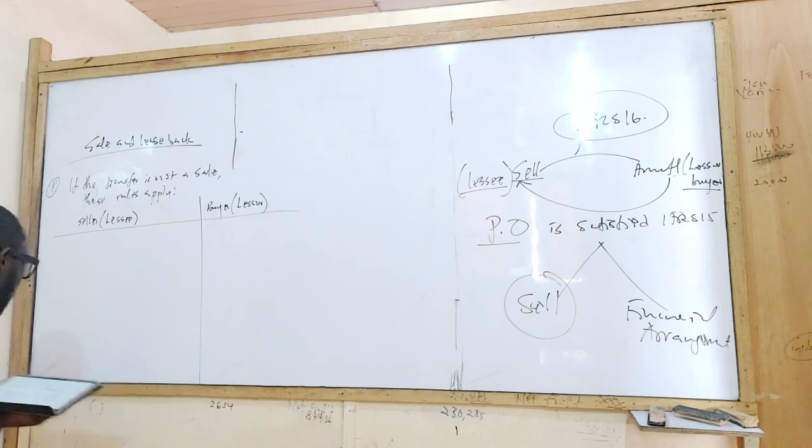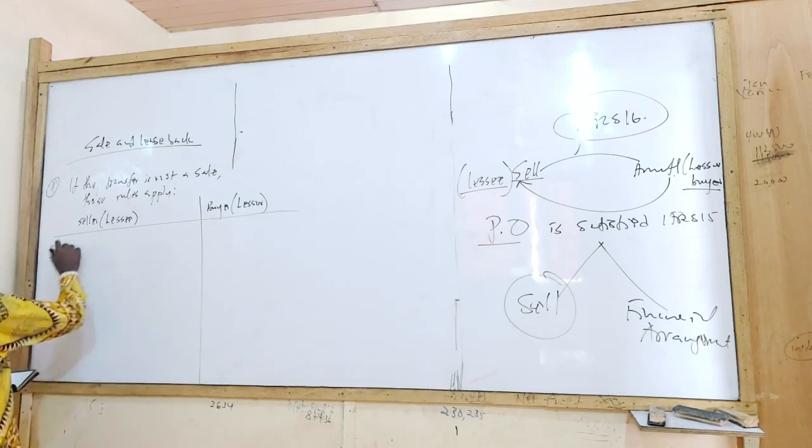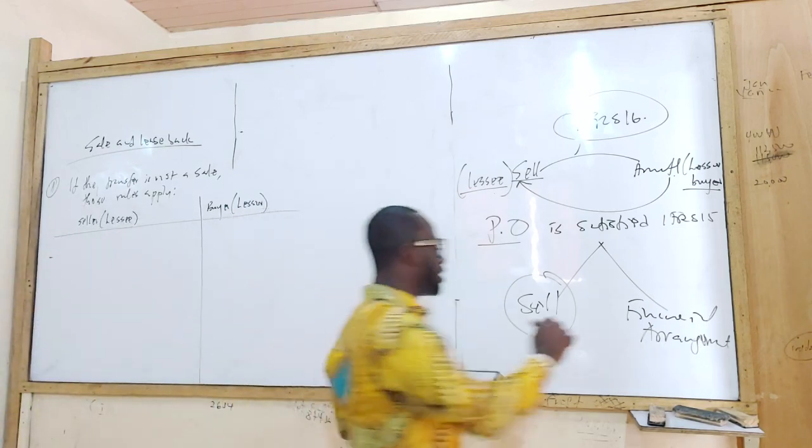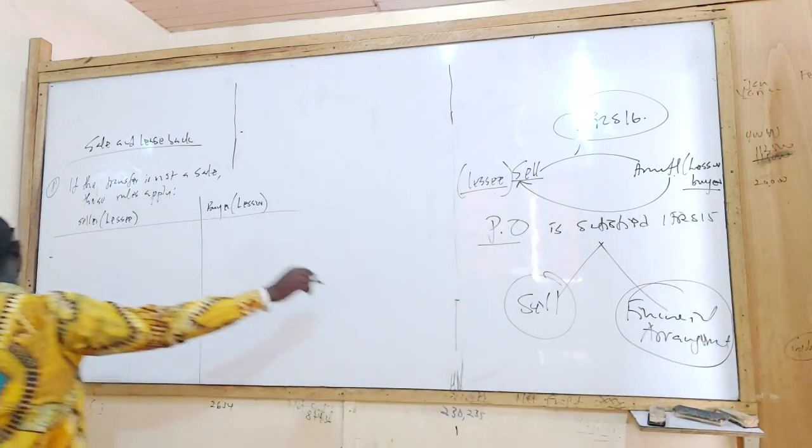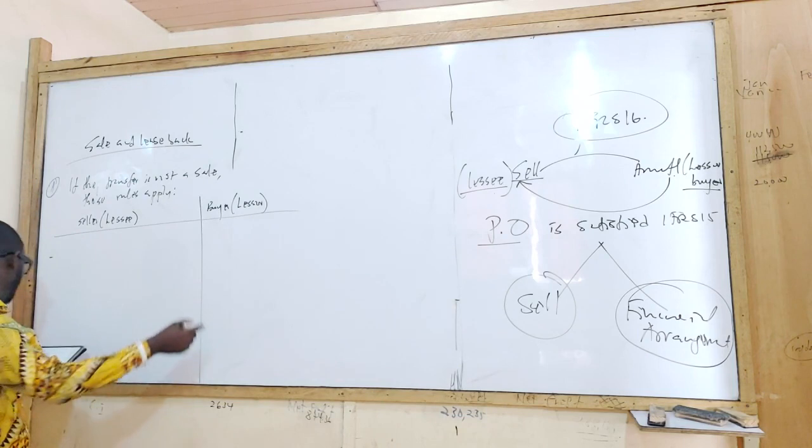So if the deal is not a sale, what do we do? If it is not a sale, then it is a financial arrangement. So if it is a financial arrangement, what does the seller or the lessee do?